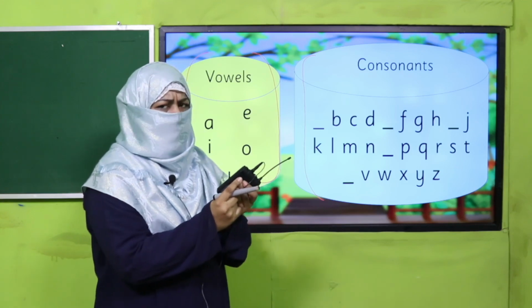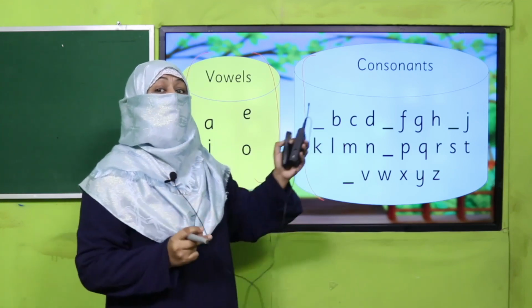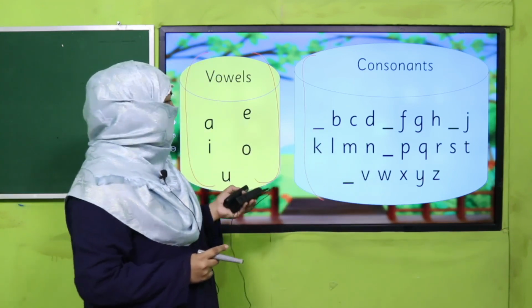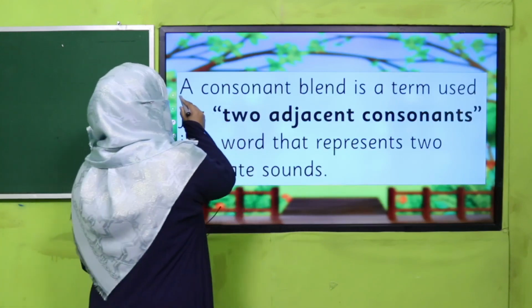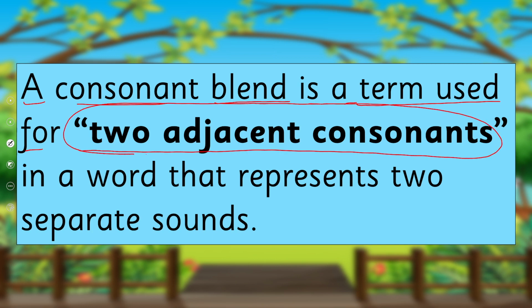So, what is a consonant blend? There will be blending sound of consonants, and there will be no vowel sound in that. Do you understand? Okay, look at this. A consonant blend is a term used for 2 adjacent consonants. What does it mean?